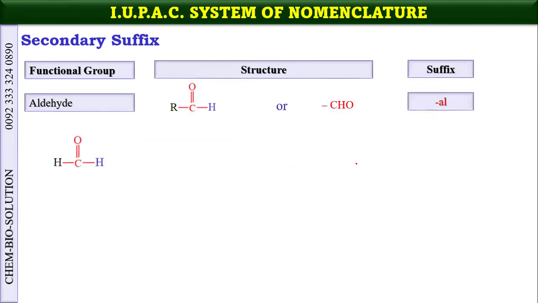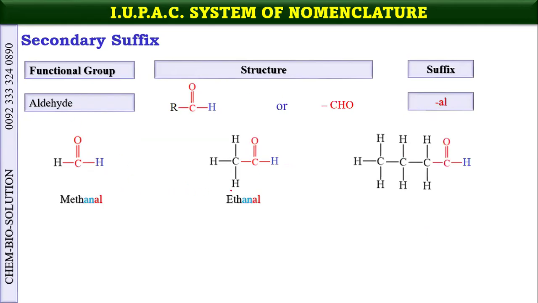Now see, aldehyde suffix is al: methanal, ethanal, 1, 2, 3, 4, butanal. And again, we have not mentioned the number. Locants are not mentioned because if aldehyde is there, it must be on the terminal. And it can also be represented by CHO.